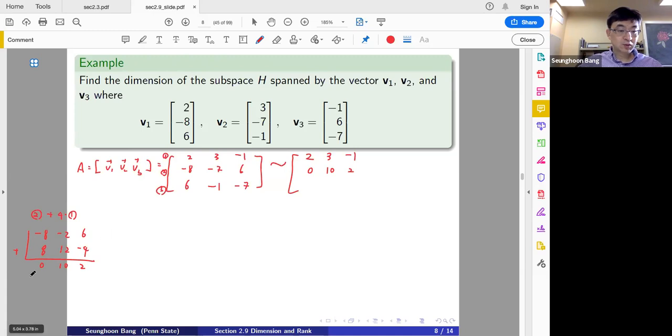Next, the third row: third row minus 3 times first row. The third row is 6, -1, -7. The -3 times first row: 2 times -3 is -6, 3 times -3 is -9, and -3 times -1 is positive 3.